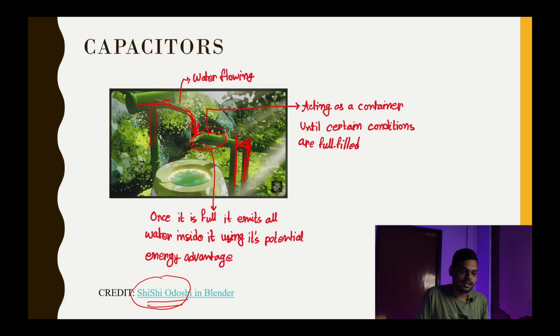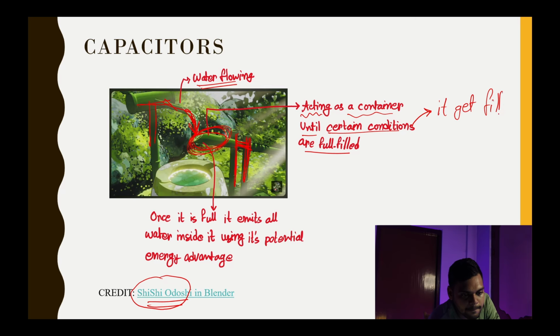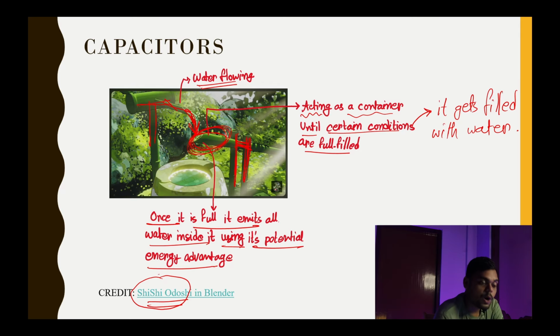You get it? Here you can see the water is flowing, and this segment of bamboo acts as a container until certain conditions are fulfilled. What are those certain conditions? Until it gets filled with water. And you can see once it is full, it emits all the water inside using its potential energy advantage.